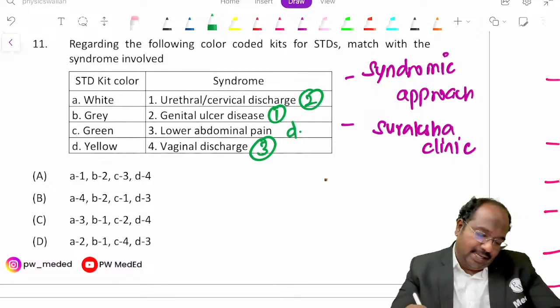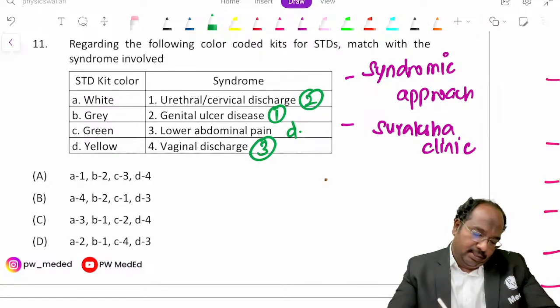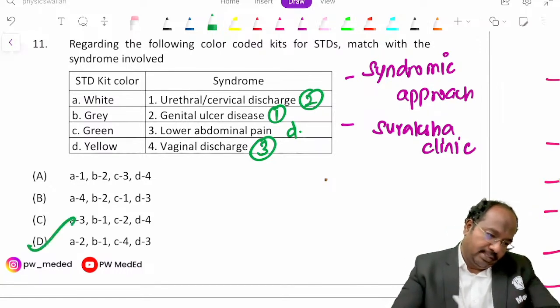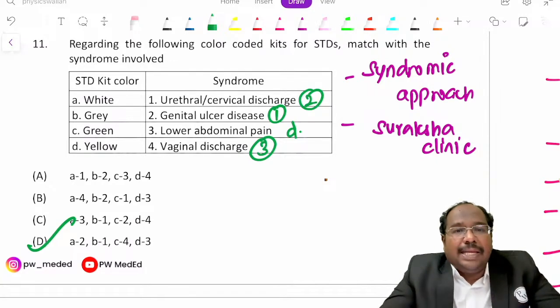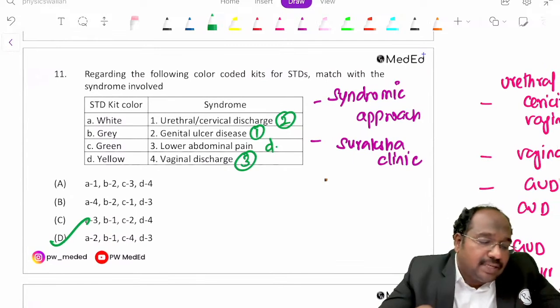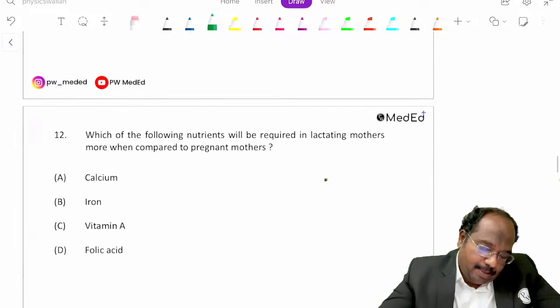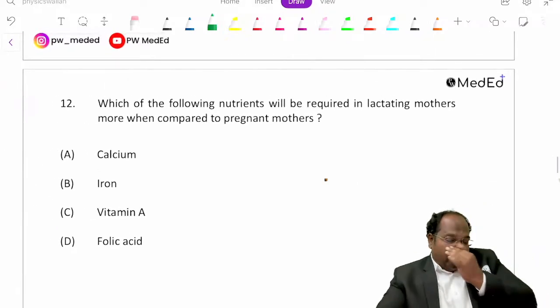So what is the answer here? A2, B1, C4. So the answer is the fourth one, D. So this is the Suraksha Clinic, and this is the syndromic approach, guys.